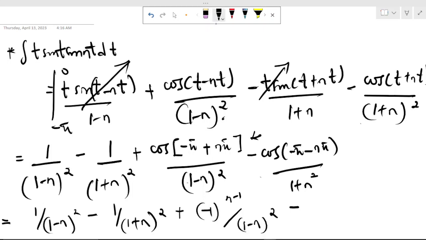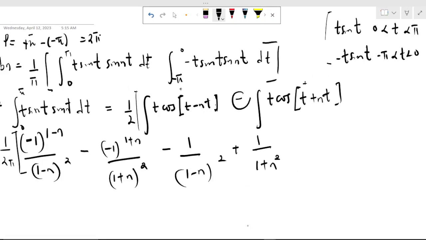So we can write this as minus 1 raised to the power 1 plus n over 1 plus n all squared. This should be a square, my bad. So we have this. Now let's go back to our previous screen.